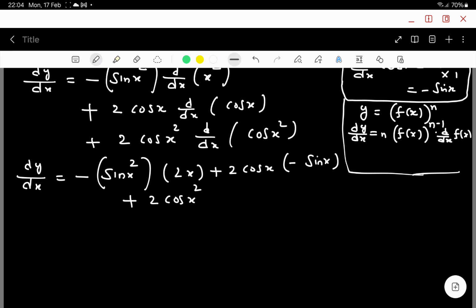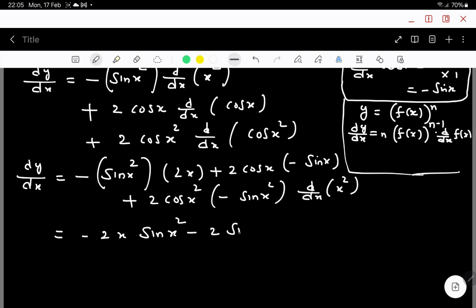Again differentiating x square, don't forget to differentiate x square again. d by dx of cos x square is minus sin x square, that is chain rule we apply, into d by dx of x square. So simplify: minus 2x sin x square, plus into minus 2 sin x cos x, again plus into minus 2 cos x square sin x square, d by dx of x square is 2x, then multiply with the last term.